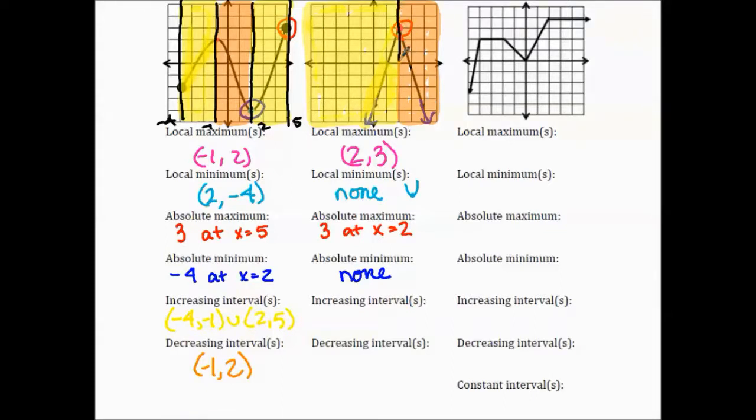So it changes from increasing to decreasing at 2 and continues going out to negative infinity and positive infinity. So between negative infinity and 2, the graph is increasing, and between 2 and positive infinity, the graph is decreasing.